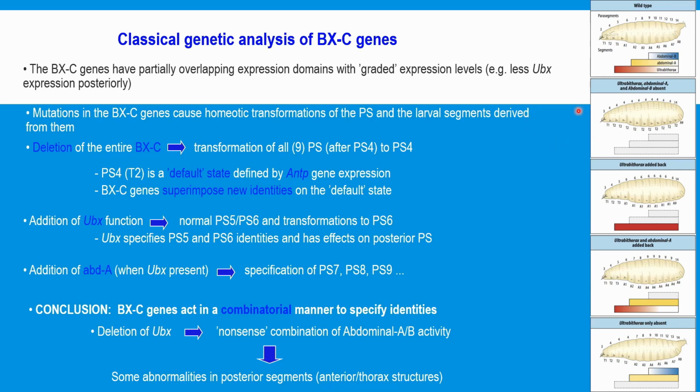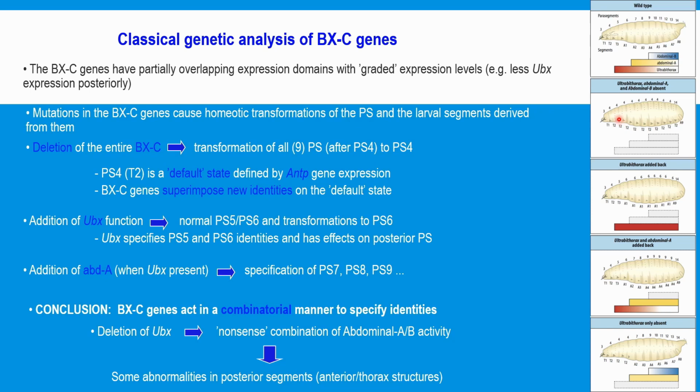If they deleted the entire bithorax complex, so ultrabithorax, abdominal A, abdominal B are absent, then they had transformation of 9 parasegments after parasegment 4. Here, the following 9 parasegments were transformed to have the identity of parasegment 4.